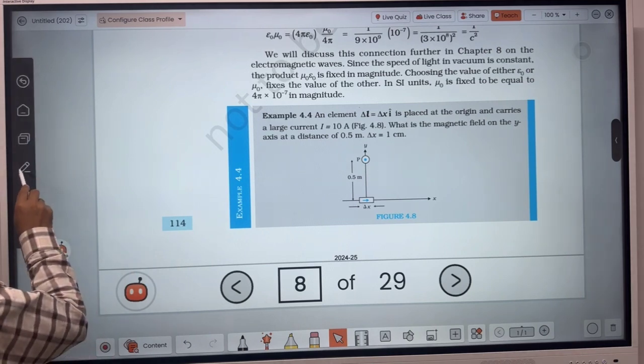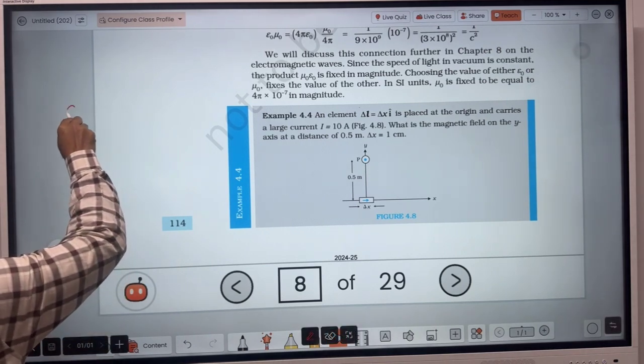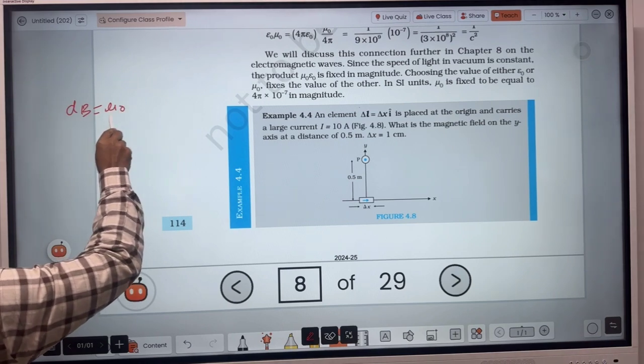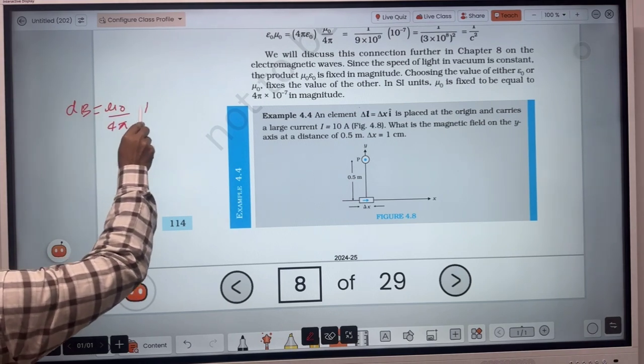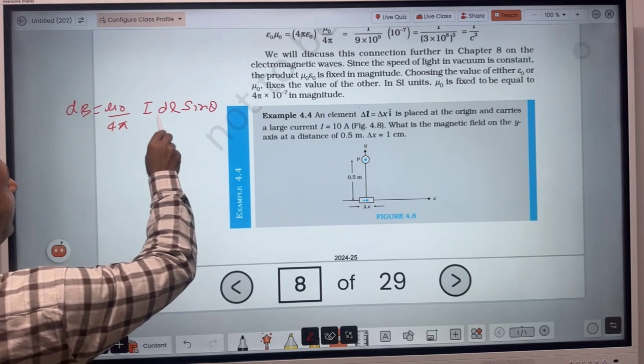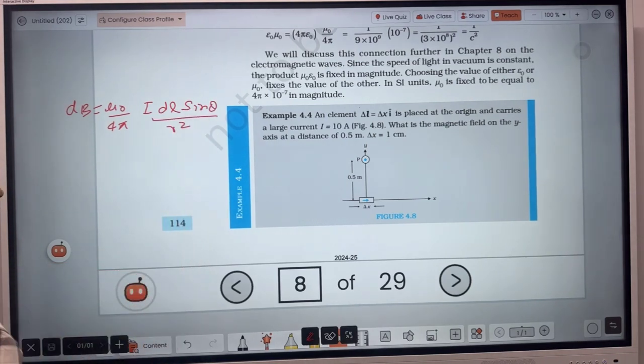So recently we have studied that dB equal to mu naught upon 4 pi I dl sin theta divided by r square.